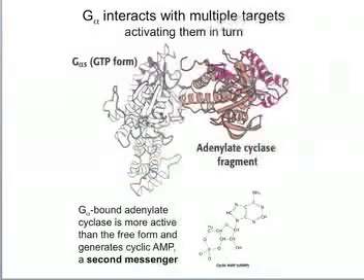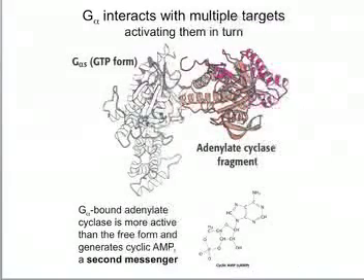coming to the end here, G-alpha could interact with multiple targets, so again, the idea is that we amplify that initial small signal many fold. And here's the GTP form of this alpha subunit of a particular G protein interacting with adenylate cyclase. Now adenylate cyclase is another membrane protein, but we're looking at the soluble fragment of that.